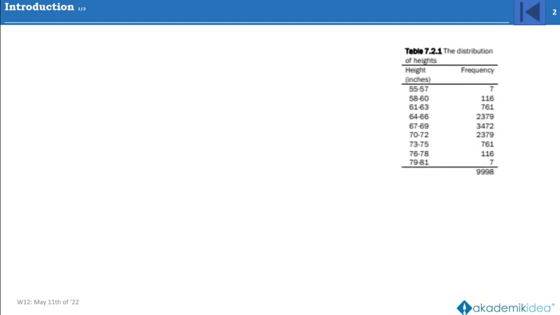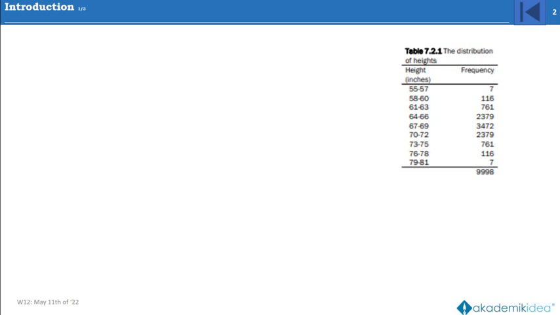Let us suppose that if we actually made an exhaustive survey, that is, if we actually measured the height of each adult male resident of the community, we would obtain the following distribution, whose mean is 68 and whose standard deviation is 3.44. What we have done here is referred to in statistics as exhaustive sampling.